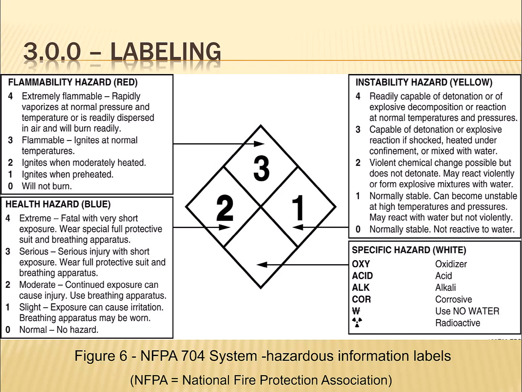The top box has flammability hazards in red, the left box is health hazard in blue, and the right diamond has instability hazards in yellow. And then the bottom box is for things that don't fit in any of those categories. But this is all about acute hazards, short-term hazards, things that can kill you today, in this moment, this afternoon or this evening, whatever.